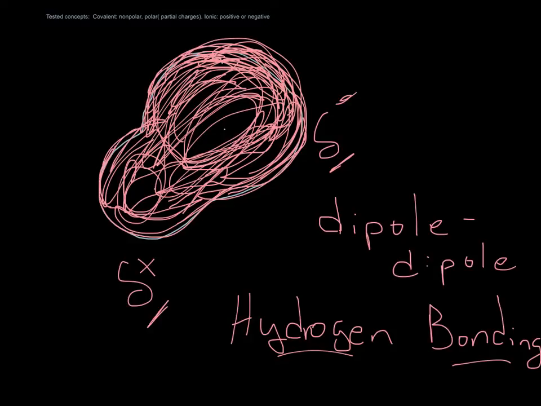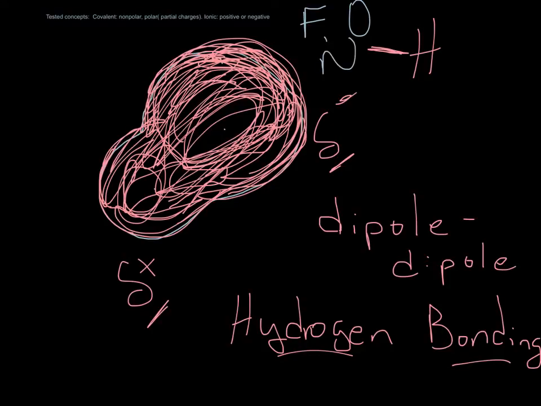The key thing, though, is that hydrogen bonding is specifically important in biological systems because it's when hydrogen is bonded to, and remember these lines mean bonded, right? Bonded to something, and that's one of those three things. If it's going to be hydrogen bonding, it needs to be either fluorine, oxygen, or nitrogen.